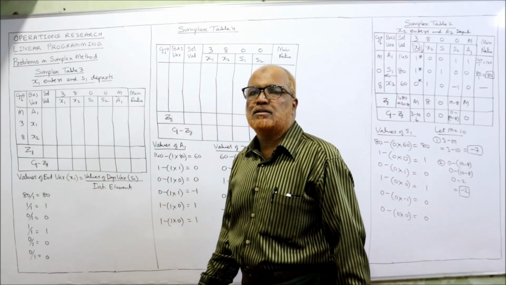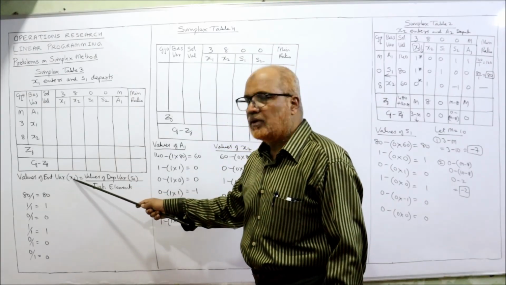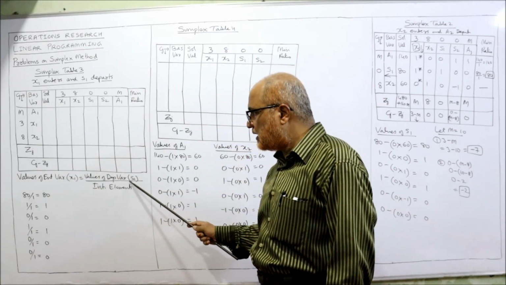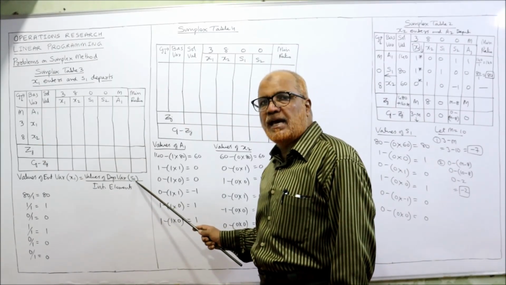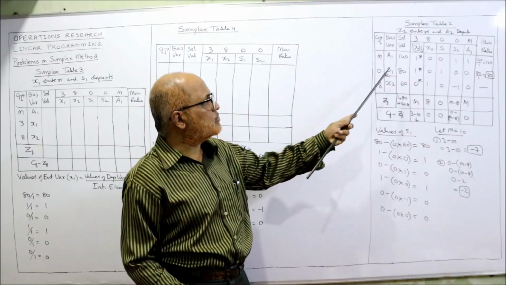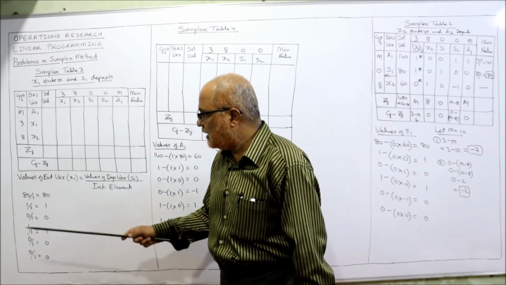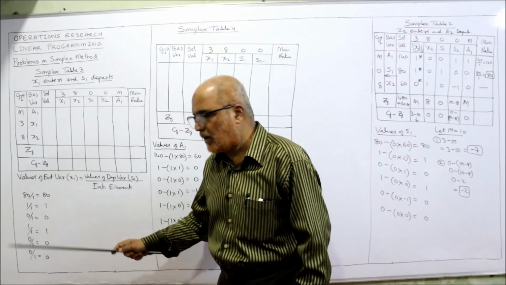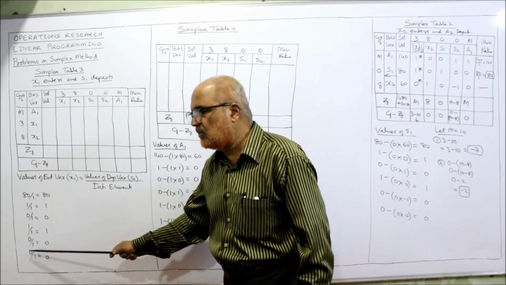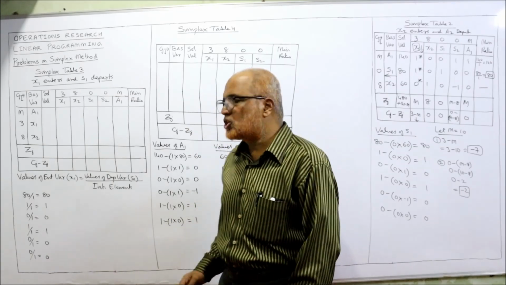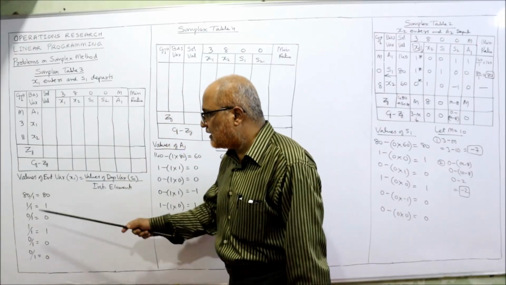So first we need to find the values of the entering variable x1. What is the formula? Values of departing variable divided by intersectional element. Departing variable is s1. So what are the values of s1 here? 80, 1, 0, 1, right? Then last ones 0, 0, divided by the intersectional element of s1, which is 1.